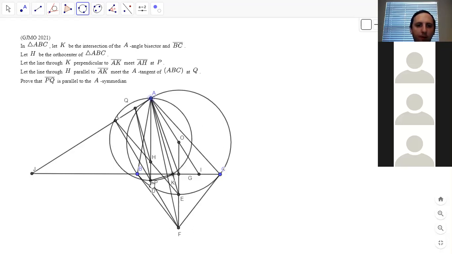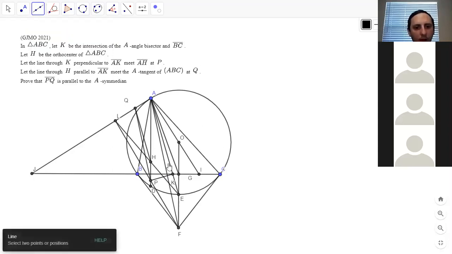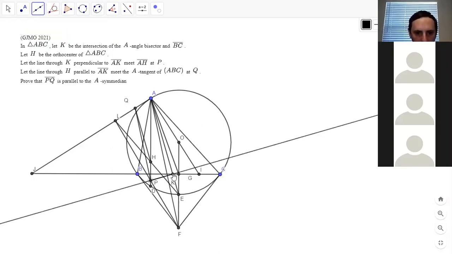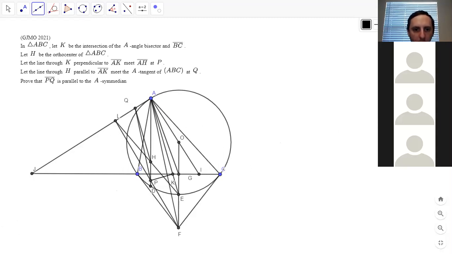So yeah, we have to use that this is a right angle. What if we extend PK? I think we can take a hint now. Yeah, you can put the hint in the chat.